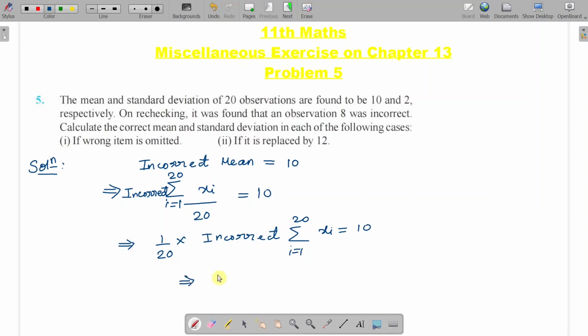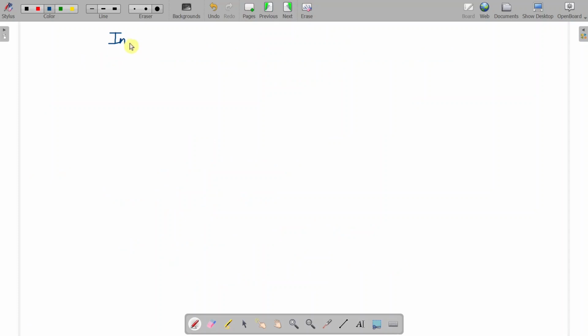That means this implies incorrect sum i going from 1 to 20 xi is equal to 20 times 10, as 20 can be taken on the right hand side. So, we will get 200 here, right. So, that means now we can say that the incorrect sum of observations is equal to 200. So, this will be our equation 1.